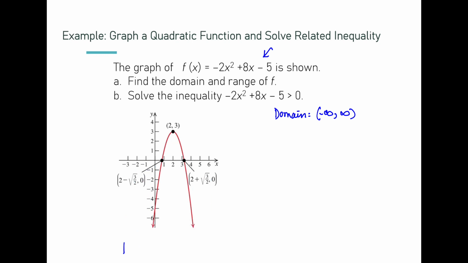Let's talk about the range. The range is a little harder for us to determine with just our function, unless we know where the vertex is and we know that it's an up or down facing parabola. But the range has to do with the y values. So as I'm looking here, I'm looking at what type of y values I am getting.